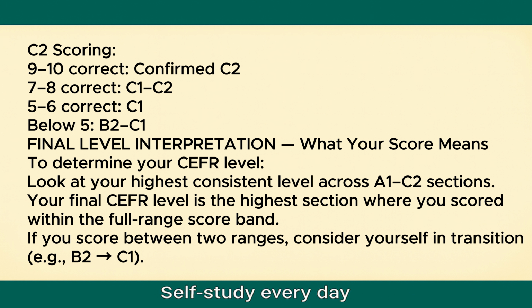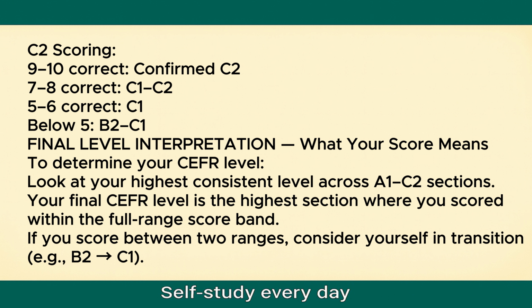C2 scoring: 9 to 10 correct. Confirmed C2. 7 to 8 correct, C1 to C2. 5 to 6 correct, C1. Below 5, B2 to C1. Final level interpretation: what your score means.